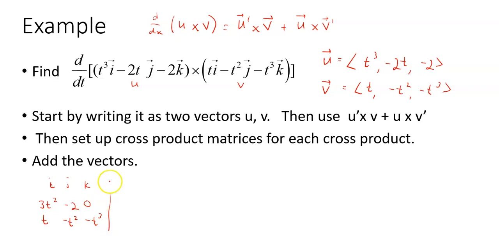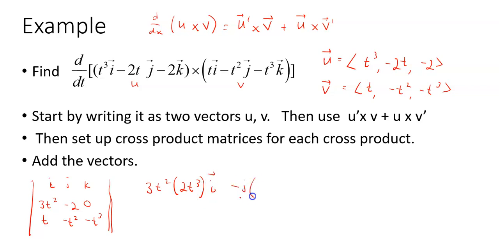Now I've got to find the cross product of that guy over there. So I end up with 3t squared, and now look at the 4 pieces that are left. Really, I only need to multiply negative 2 times negative t cubed, because that'll give me a positive 2t cubed. That's in the i direction.